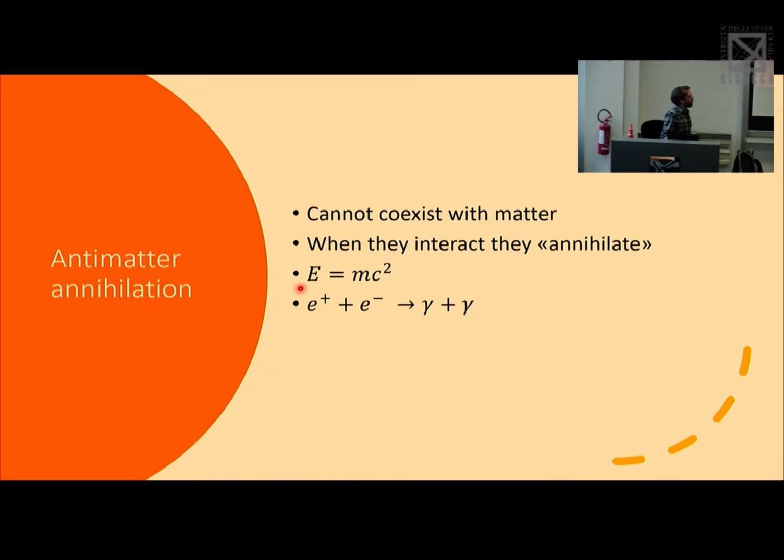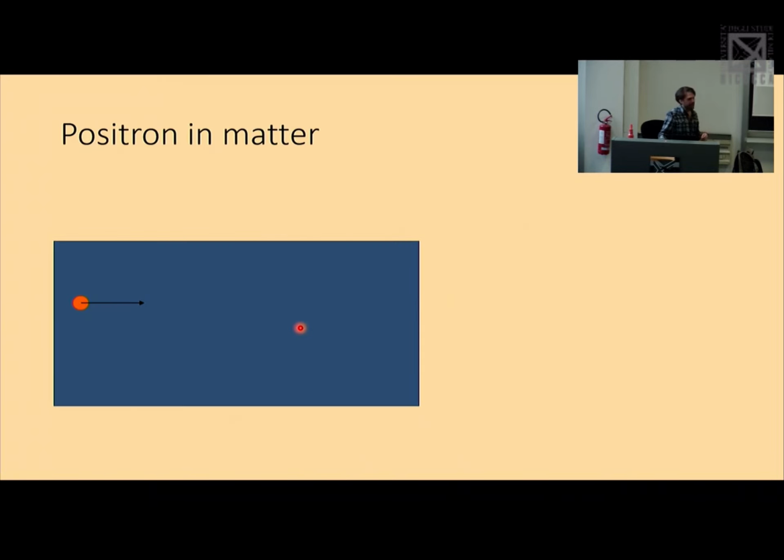If you have a positron, and that's the part that interests us for medical imaging, and it interacts with an electron, and our universe is full of electrons, so it will happen pretty soon, they disappear together, but they emit energy in the form of 2 gamma photons, which need to be emitted in opposite directions.